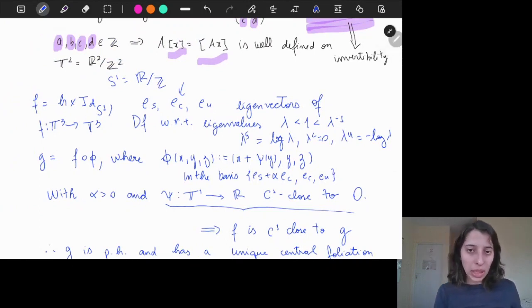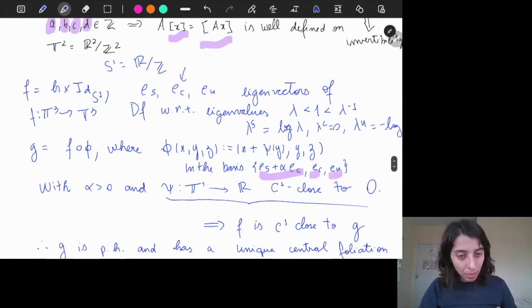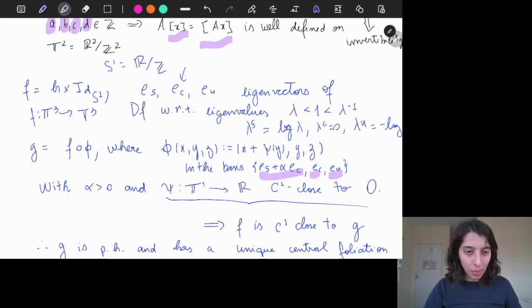And we are going to perturb f. So the perturbation is given by f composed with phi. And phi here, we give on a different basis just to make the calculations of a following lemma easier, but I'm not doing the calculations anyway. And on this basis, we define the function phi as follows: on the second coordinate, that is regarding the center direction, we don't do anything.